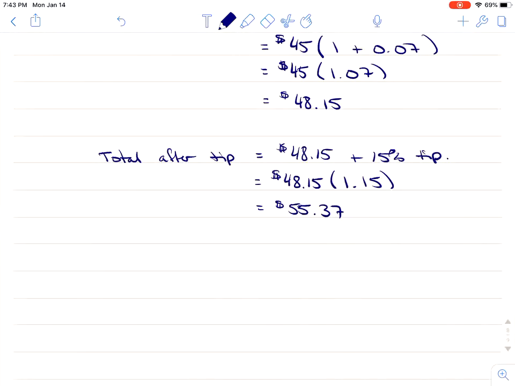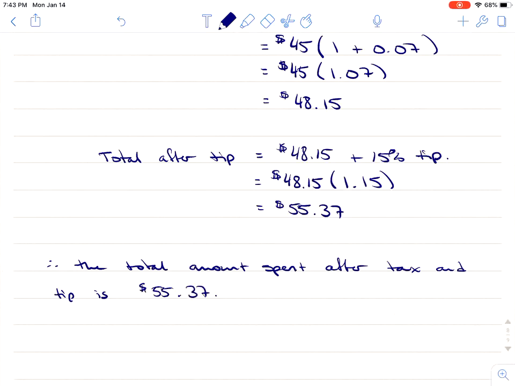So the total amount, so therefore the total amount spent after tax and tip is $55.37.